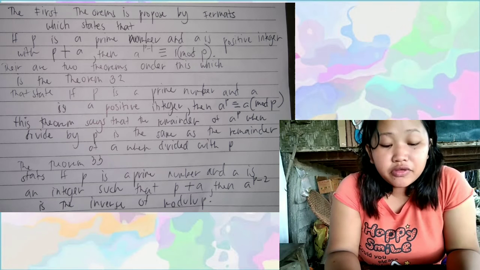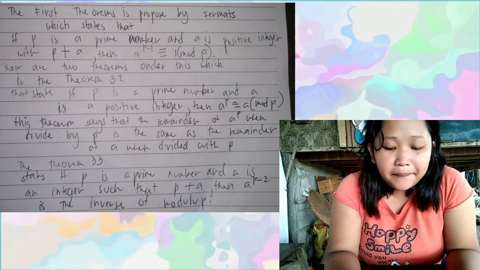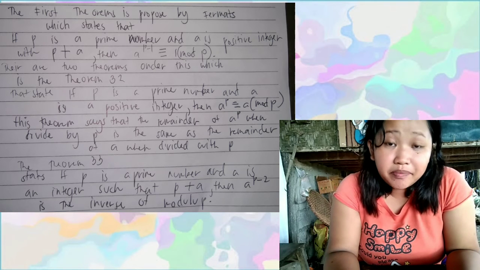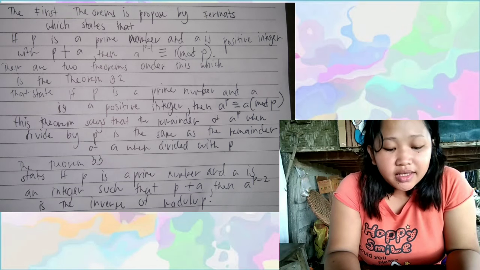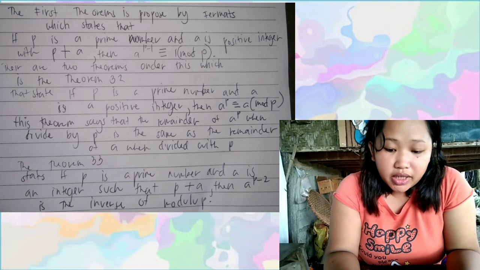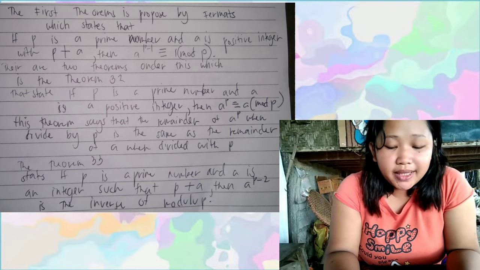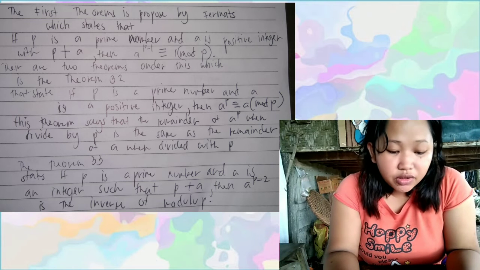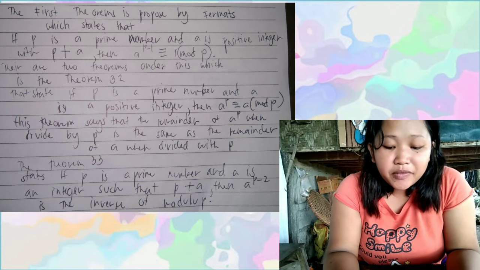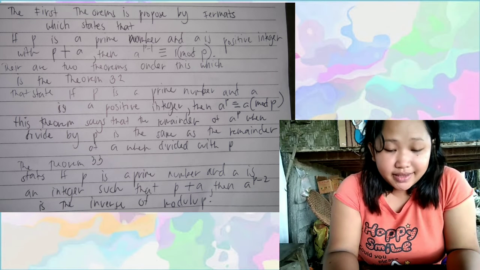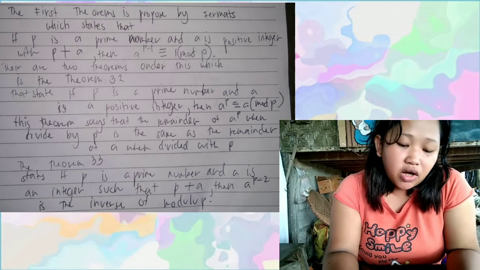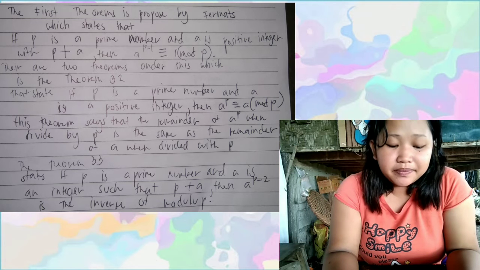There are two theorems under this, which is theorem 32 that states if p is a prime number and a is a positive integer, then a raised to p is congruent to a modulo p. This theorem says that the remainder of a raised to p when divided by p is the same as the remainder of a when divided by p.